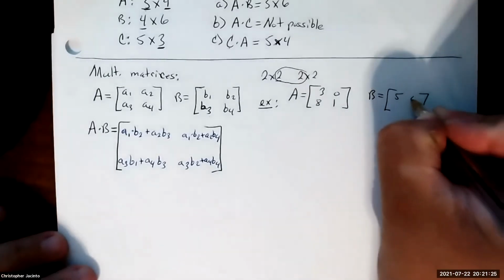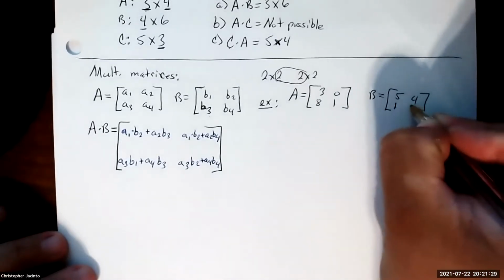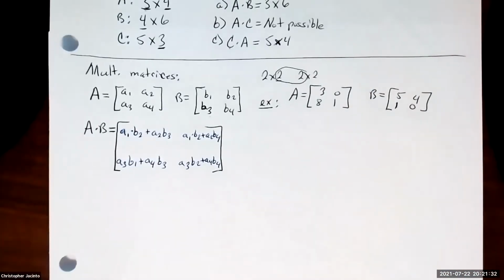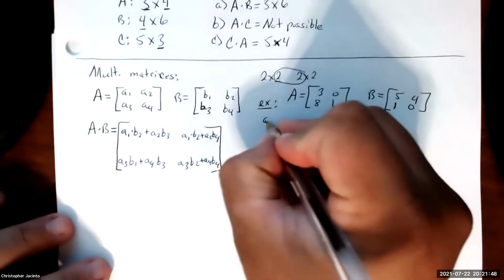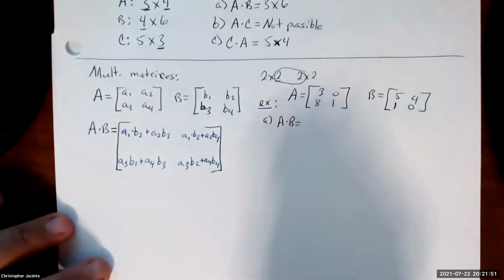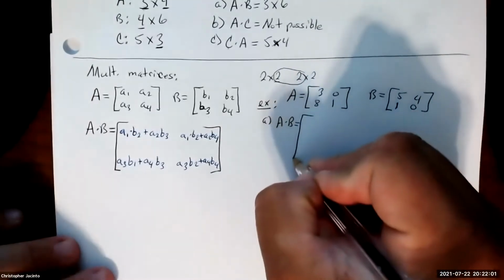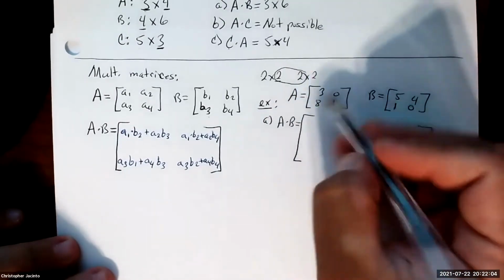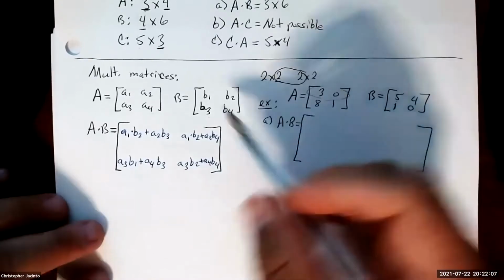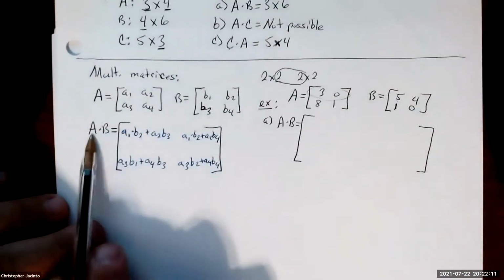So let's try an example out. Let's suppose we have 2 matrices, A and B. The first thing we're going to do is A times B. So we need A first, so we make this big matrix, A first, then B. You're just going to follow this template, because it's going to be that same template here, right?